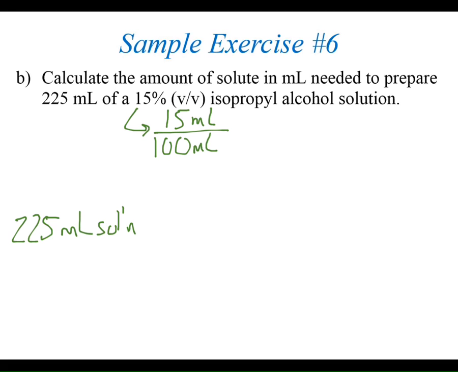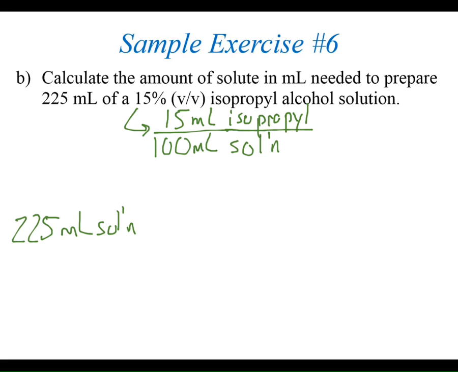And it's volume over volume, so I'll put both milliliters. Well, 15 milliliters of what on top? Isopropyl alcohol. Write the thing you were dissolving. So I'll put isopropyl, or you could put alk, whatever. Over 100 milliliters of what? Solution. The whole solution. Okay, good.